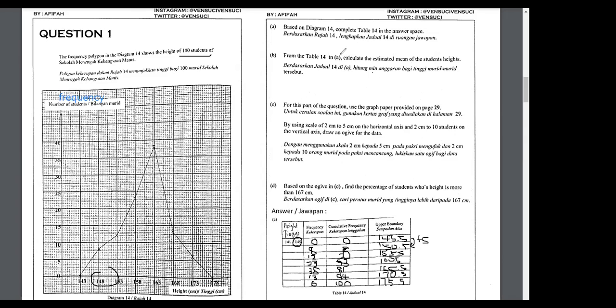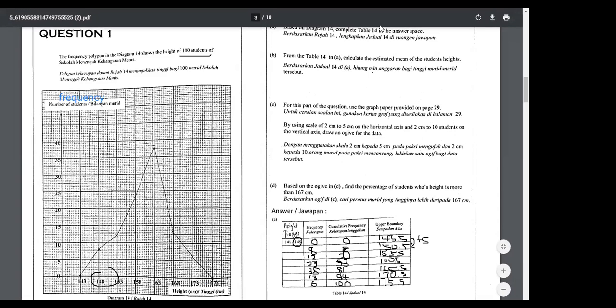The vertical axis is the y-axis, 2 cm to 10 students. So for every 2 cm on the horizontal axis, the difference must be 5, and for every 2 cm on the vertical axis, the difference must be 10 students.